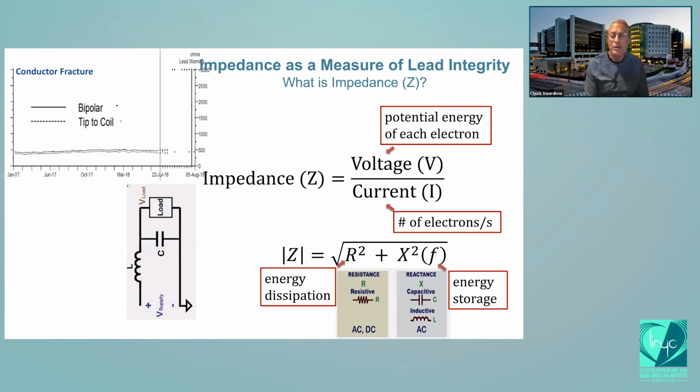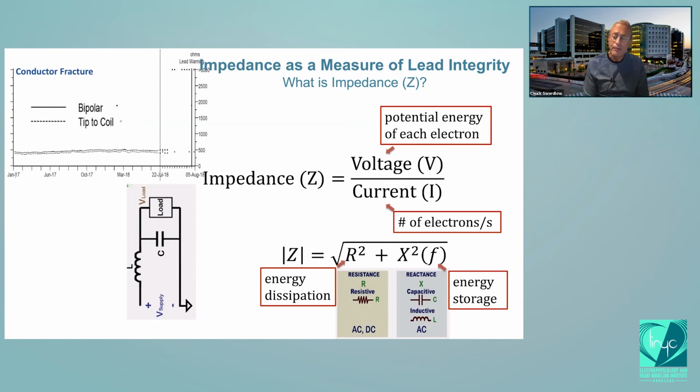For example, let's say you're charging the shock capacitor of defibrillators we've talked about, right? We have current flowing into the capacitor. We have voltage that's applied to the system to do that, but instead of dissipating energy, we're actually storing energy in the circuit.